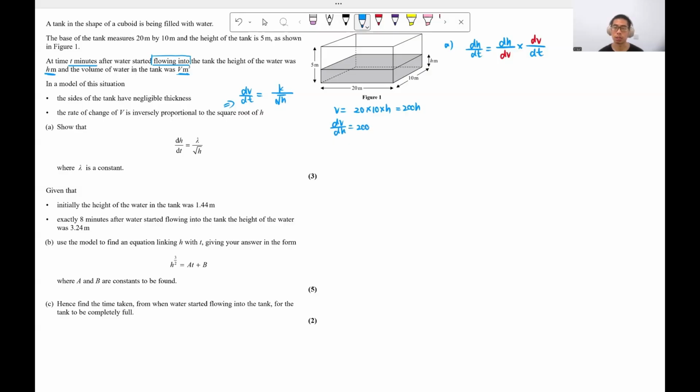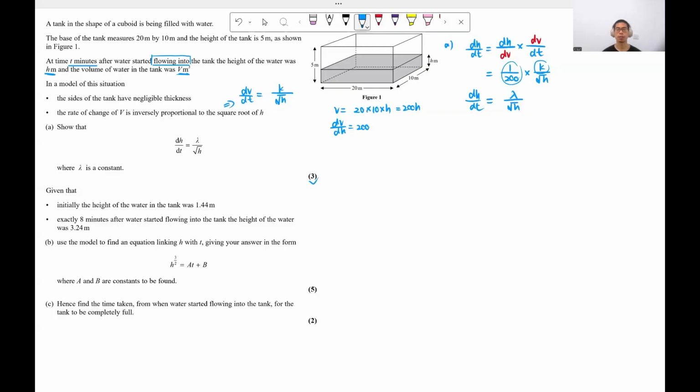In this case, dh/dV is the reciprocal, so it's 1 over 200, times dV/dt, which is k over root h. Since k is a constant and 1 over 200 is a constant, multiplying them is just another constant. So we can use lambda to represent it. That's why dh/dt is equal to lambda over root h.